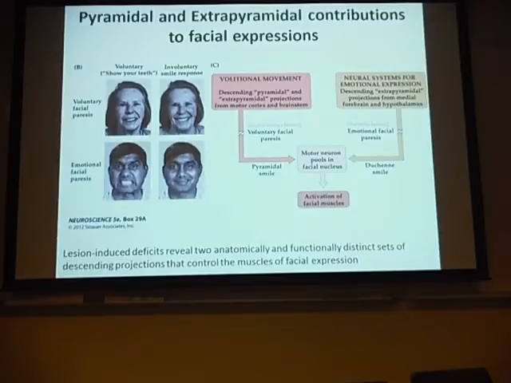So there's two examples here. The woman is a woman who's had an MCA stroke. You don't get to see the picture of her at rest, but if you looked at her at rest, you would see asymmetry. You would see facial weakness on her right, and more tone with the facial musculature on the left.